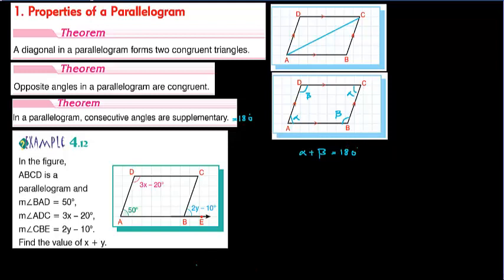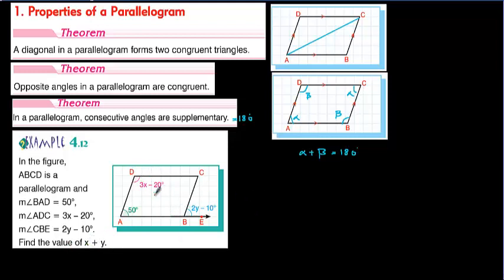Okay, with respect to this information, how do we find the solution to this question? Firstly, 3x minus 20 is given here, and here it is 50. I'm going to find the x and y values, and it asks for x plus y.